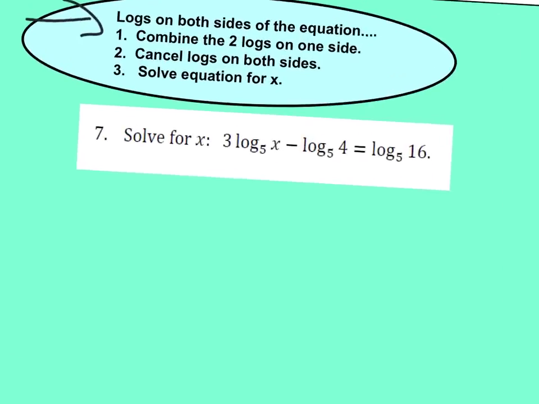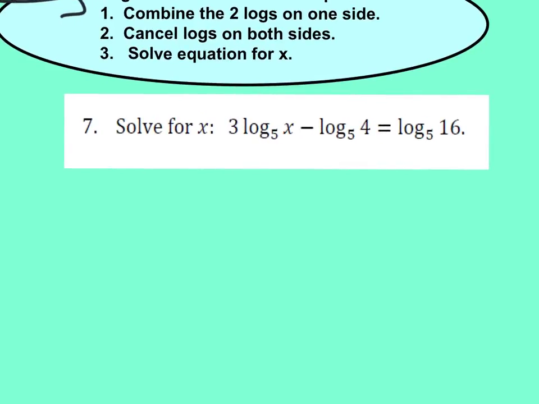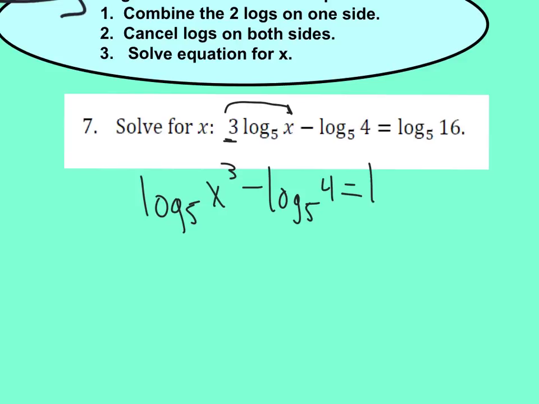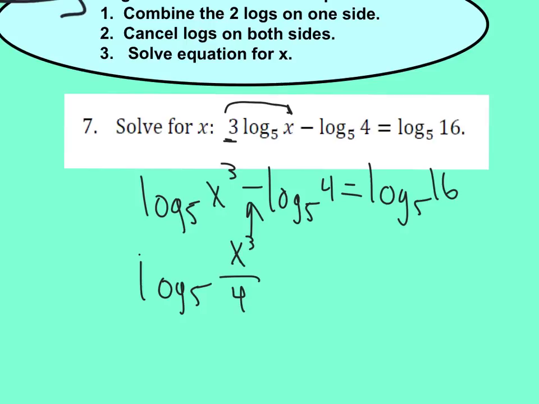So the first thing I want to do for this is realize that if this is out front, I can put it back here. So I can rewrite this as log base 5 of x to the third minus log base 5 of 4 equals log base 5 of 16. So now if this is subtraction, that means this is log base 5 of x to the third over 4 equals log base 5 of 16.